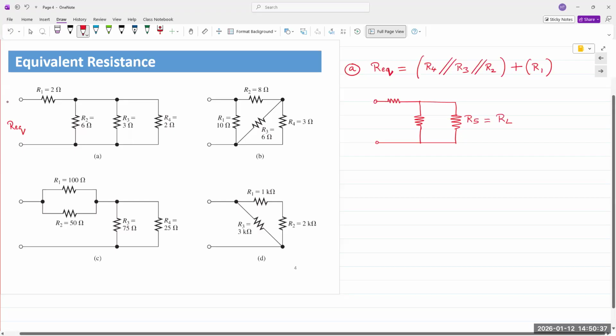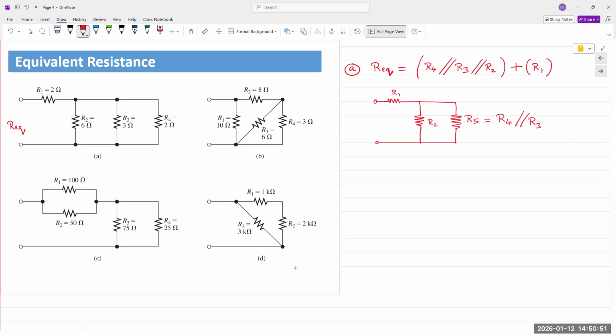R5 is the parallel combination of R4 and R3. And this is R2. This is R1. Now, physically, these resistors are separate components. This is simply a mathematical simplification to arrive at the cumulative effect of all these 4 resistors between those 2 terminals.